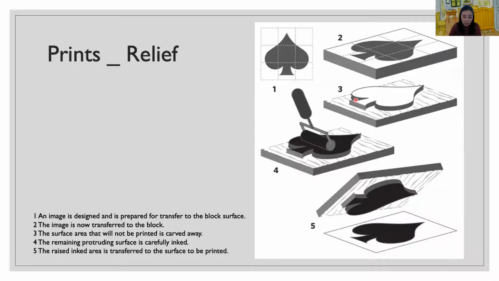In step 3, the surface area that will not be printed is carved away. In step 4, the remaining protruding surface is carefully inked. The raised area holds the ink, not the incised area, and the raised inked area is transferred to the surface to be printed. That is the basic concept of relief.